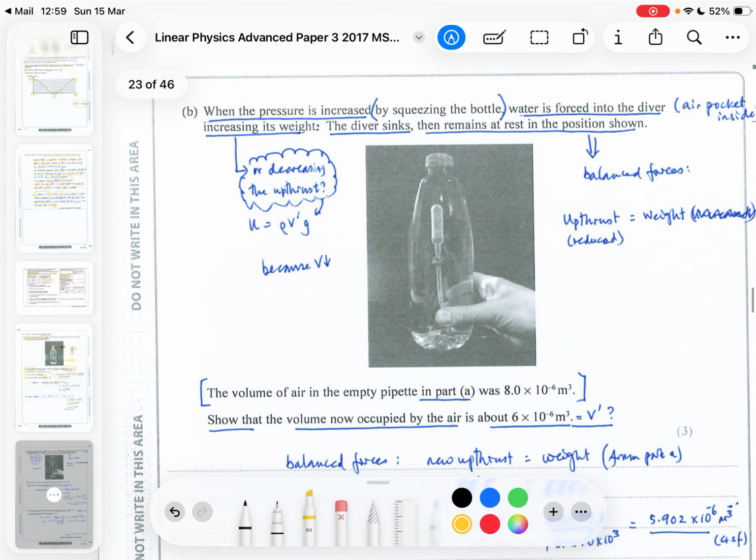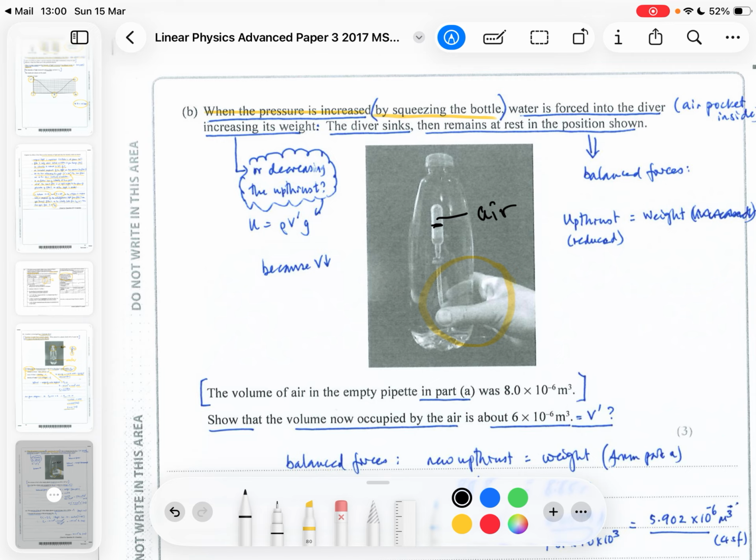All right, then it says, when the pressure is increased by squeezing the bottle, so the man is squeezing the bottle, that forces some water into where the air was. Remember that inside there we got an air pocket. But by squeezing the bottle, the increase in pressure will squeeze the air as well, and water will take its place. So the air volume at the top will decrease.